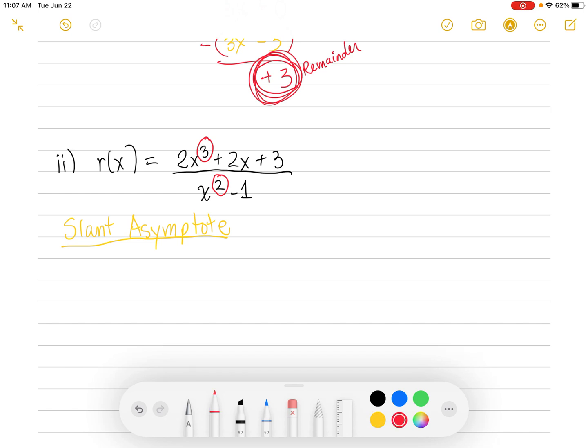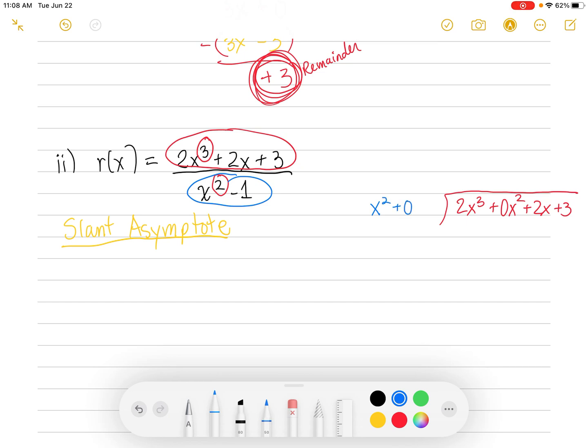And this time I'm going to do my long division off to the side where I should be doing it. So I'm going to take my top, which here I'm going to circle in red, 2x cubed plus 0x squared plus 2x plus 3. Notice that in the square place, there was no square term, so we just put a 0x squared there.